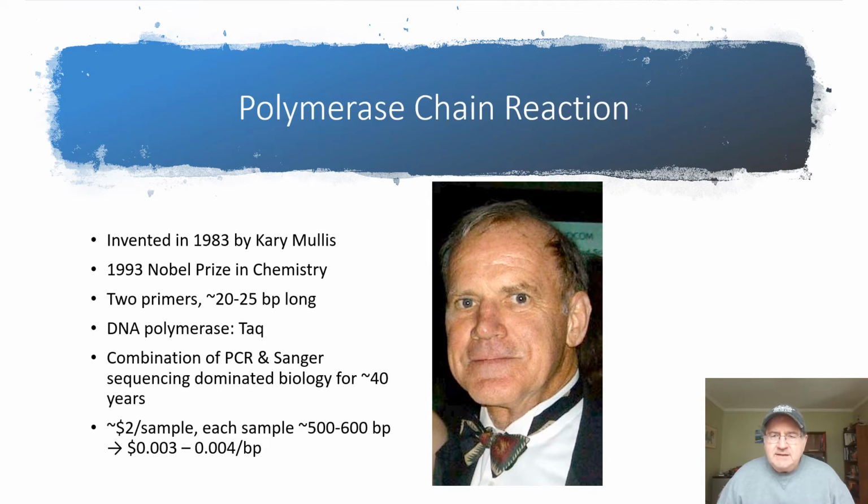And the idea is that the primers will bind to the template DNA, and then you will start to replicate the DNA using a DNA polymerase. And at regular intervals, you will heat that chain up, the DNA molecule, which causes the two complementary strands of the DNA to separate, and then you restart the whole process.